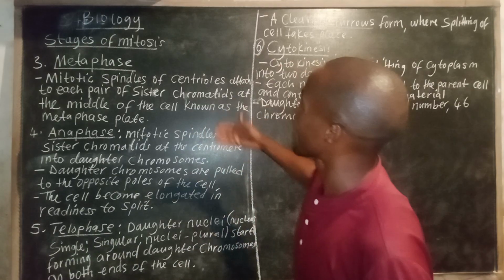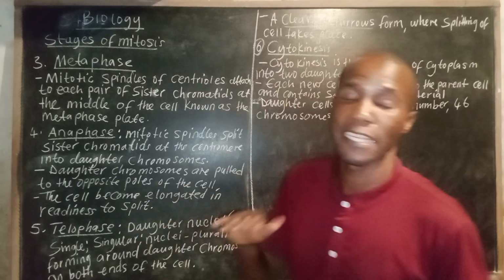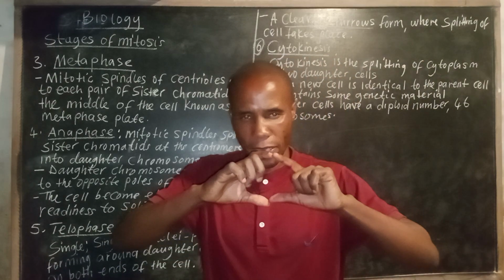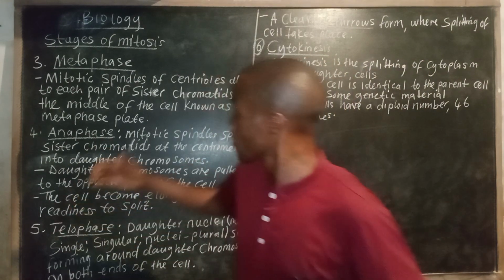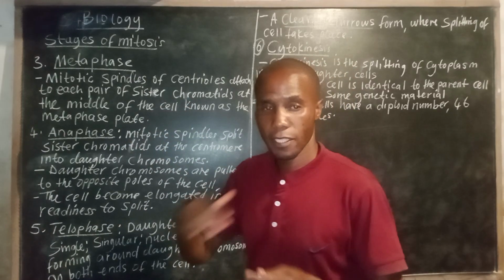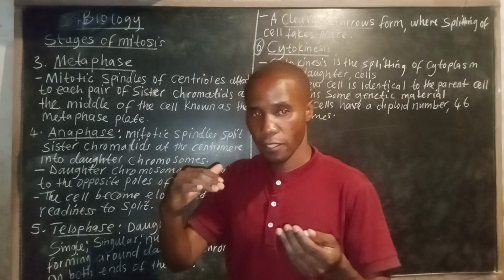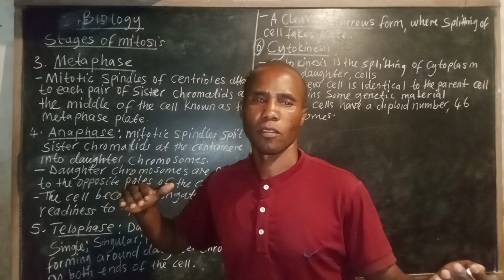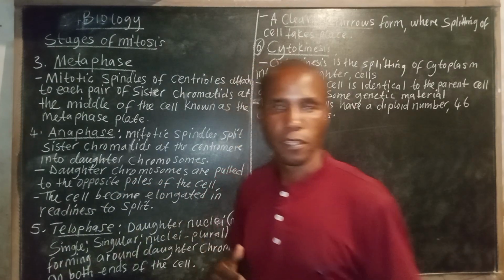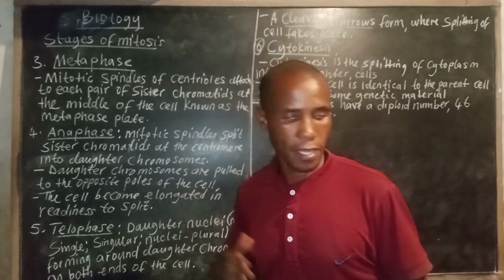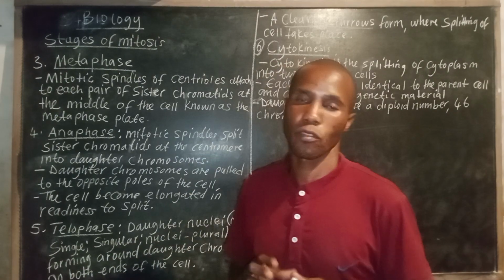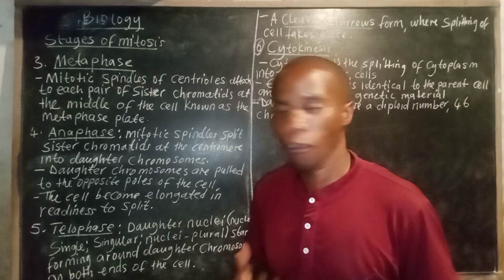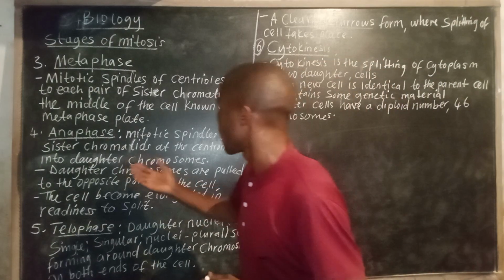We are saying the chromatids are at the middle of the cell known as the metaphase plate. So the metaphase plate is the plate which appears during this same phase, and that metaphase plate is there actually to divide the chromosomes. Okay, so it will show very soon when I display the diagram so that you can see what I'm talking about.